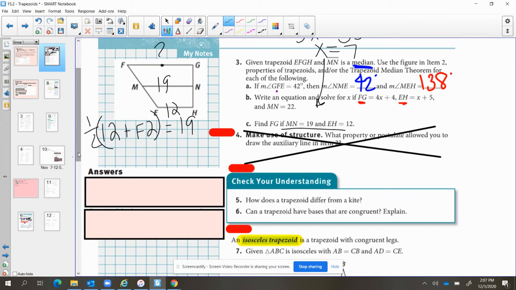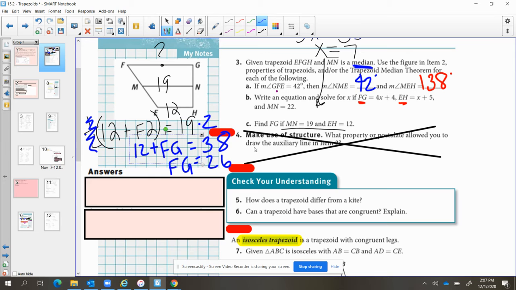So if we multiply both sides by 2 to get rid of this value here, we get 12 plus FG equals 38. And if we subtract the 12 away, FG would be 26. Okay.